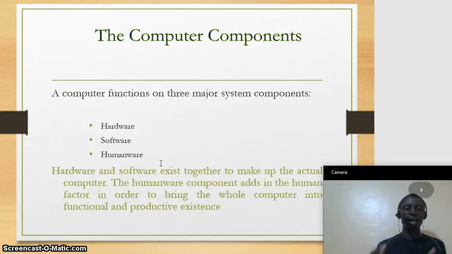There are 3 major components that a computer operates on: the hardware, the software, and the humanware. Some would ask, what is humanware? It is also part of the system that helps the computer to function.